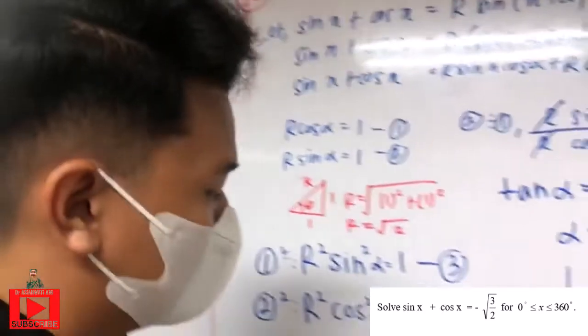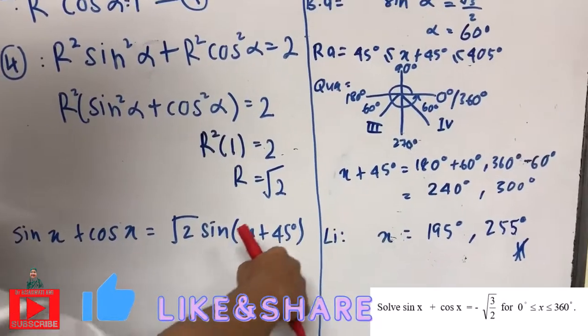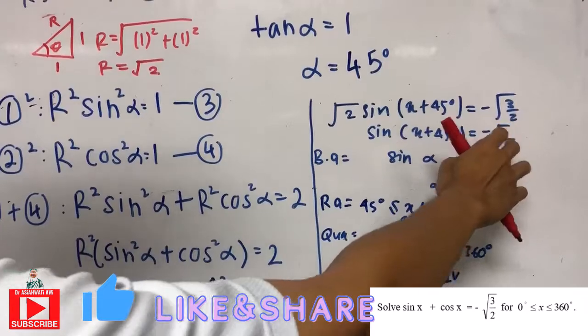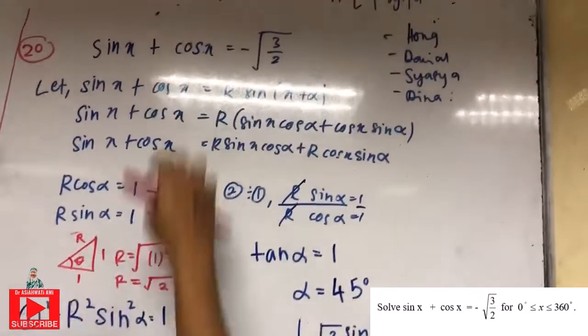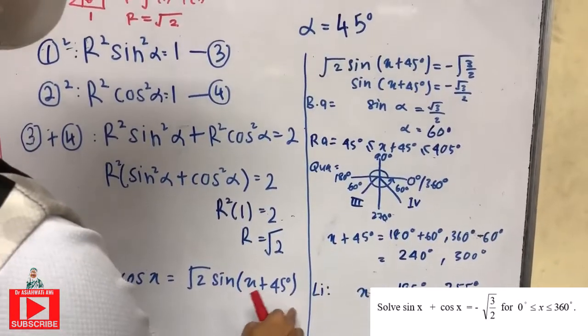Dan yang tadi root 2 sin (x plus 45 degree) tadi kita equalkan dengan negatif root 3 over 2, sebab kita boleh equals dengan ini sebab sin x plus cos x equals to root 2 sin (x plus 45 degree).